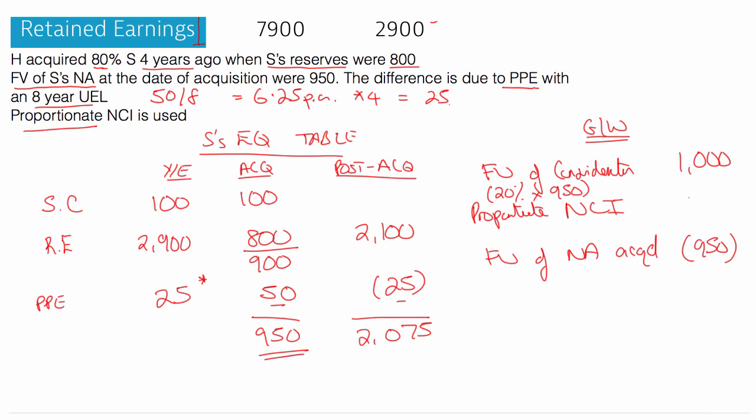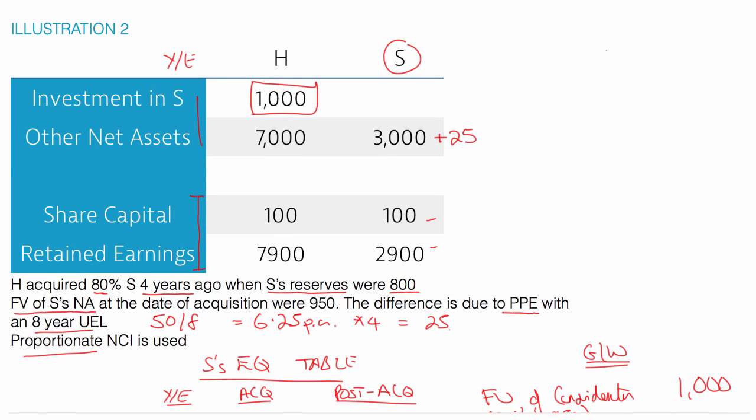So 950 times by 0.2, yeah, 190 as I thought, and that would give me goodwill then of 1,190 minus the 950, which gives me 240 goodwill. Okay, no mention of any impairment yet, so I just go put that goodwill. I can start off my group accounts now, and if you remember, investment in S becomes goodwill of 240.